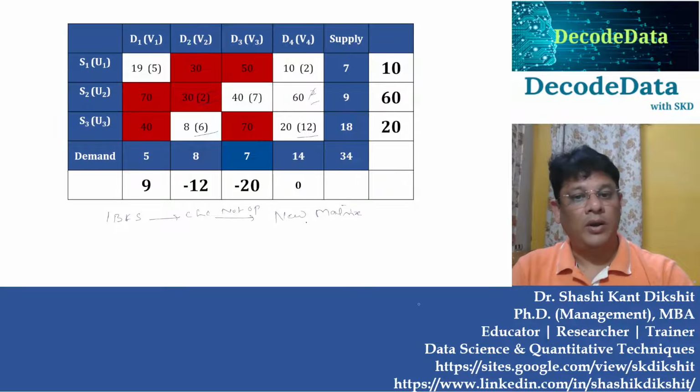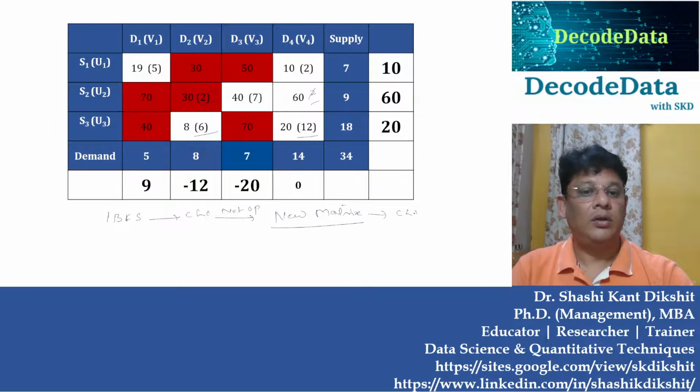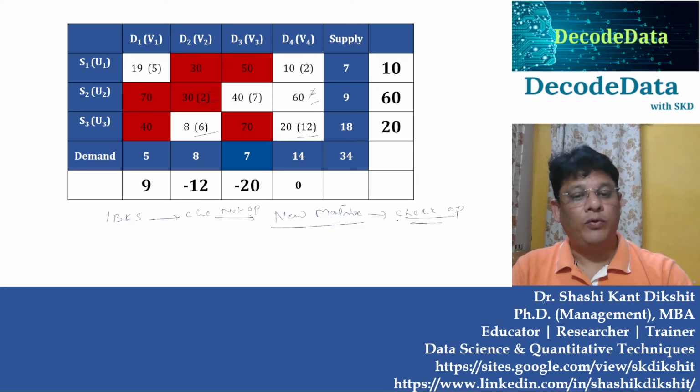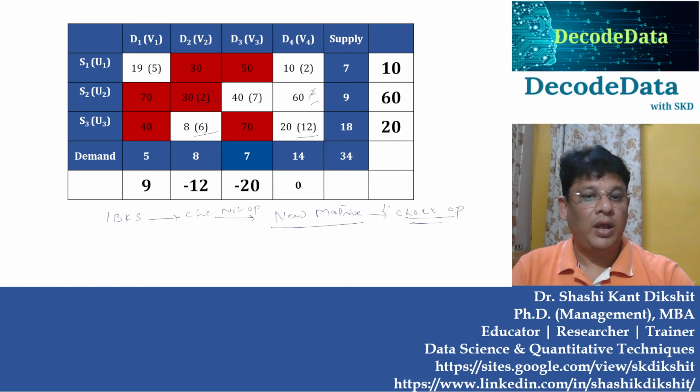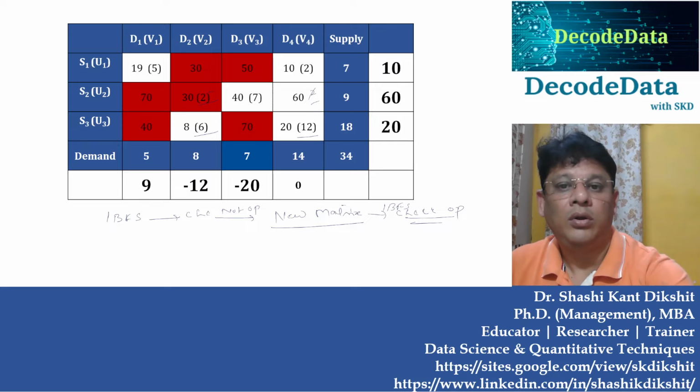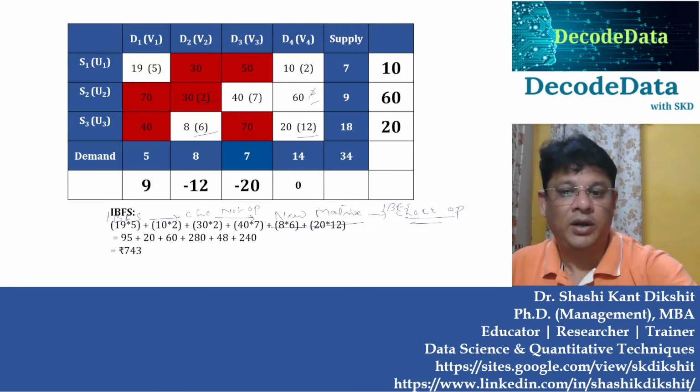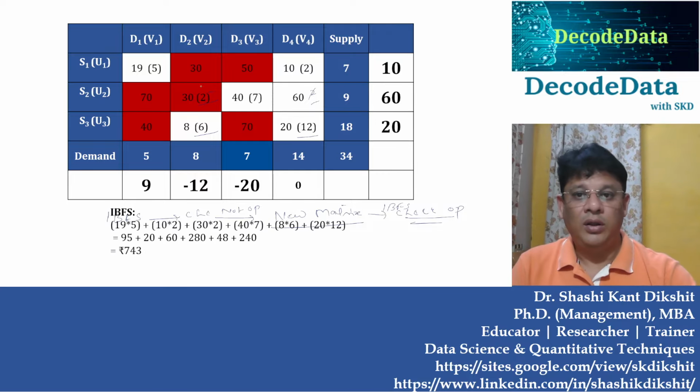Now again we check optimality. Before checking the optimality, we have to find out the IBFS. So this is the new matrix and IBFS is counted. Now 19, then 10 into 2, then 32, and the new one is 743.